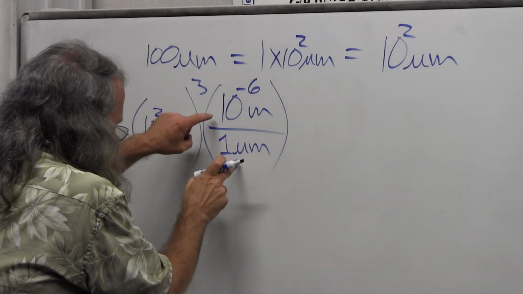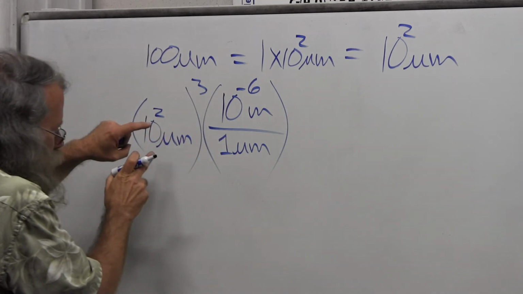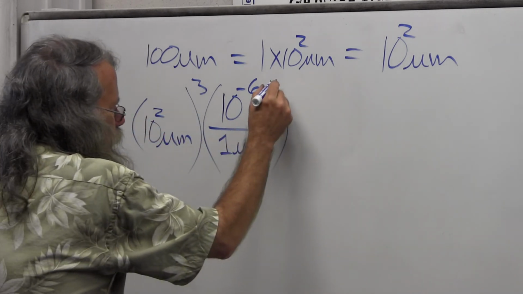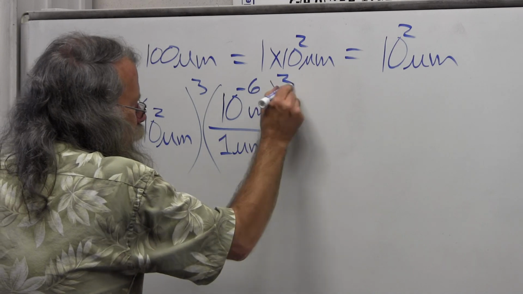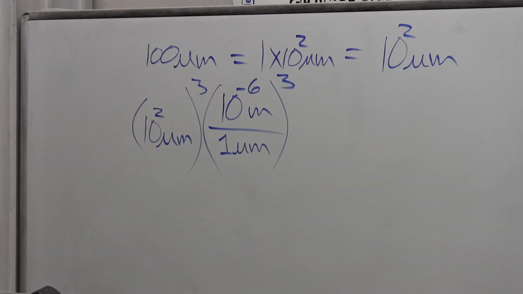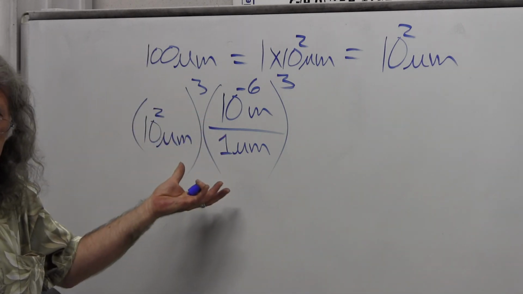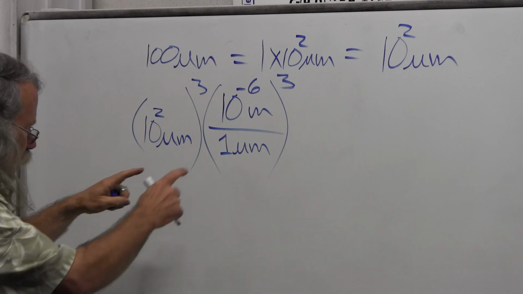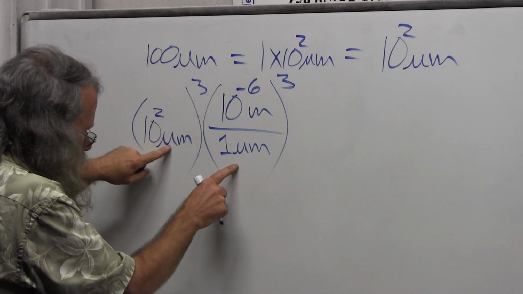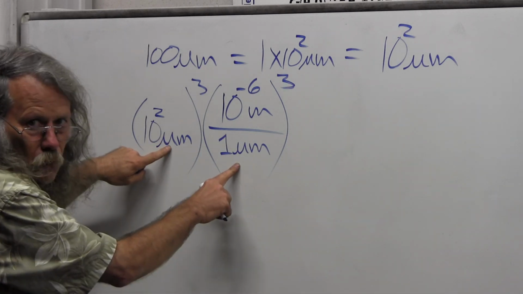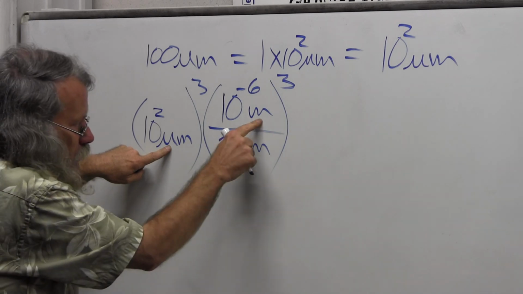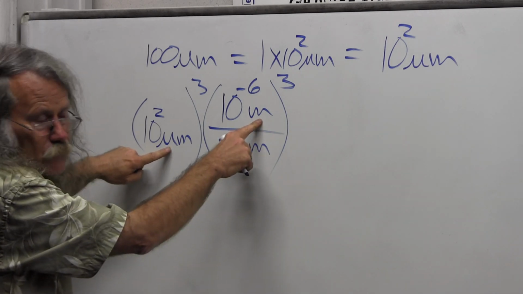Now, this is the conversion factor for each of these. So I'm going to need to cube it, because I'm going to have to perform that operation 3 times. Okay? And now I am in cubic meters. Each micrometer canceled each micron 3 times, and I end up with cubic meters.